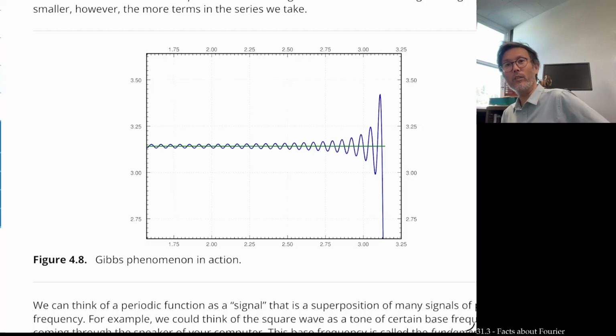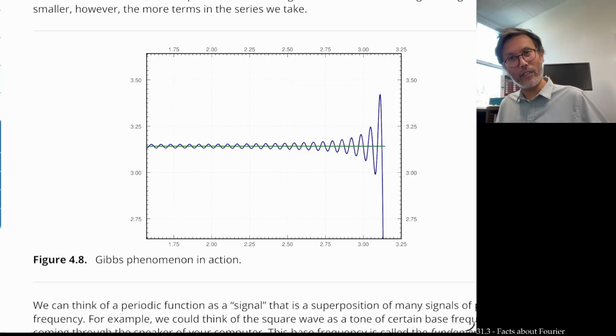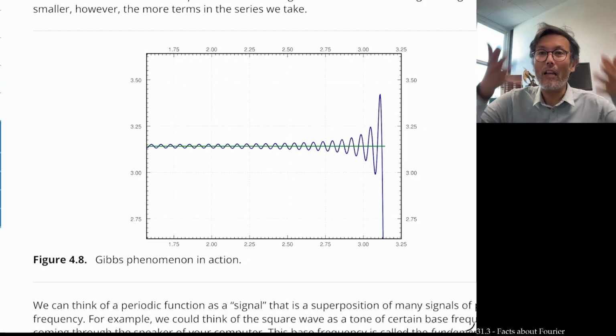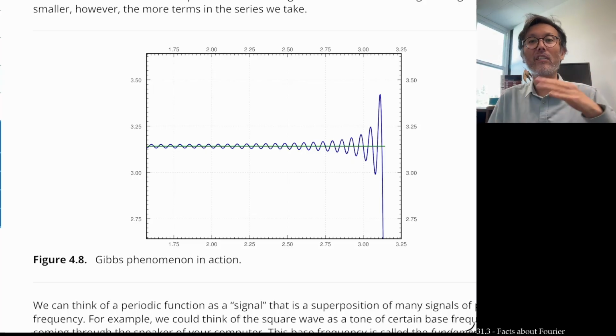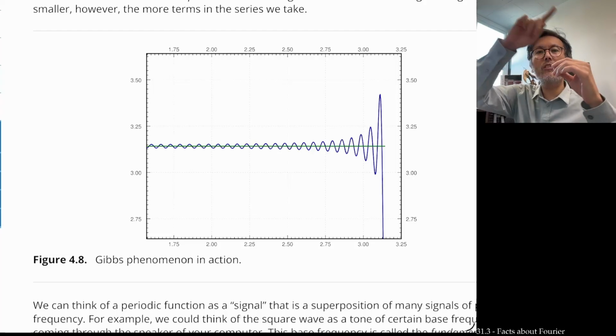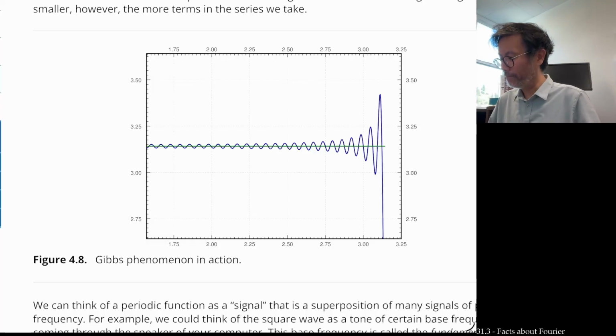As a very degenerate example, think about sine of t, a 2 pi periodic function. You want to know what its Fourier series is? It's sine of t. All the other coefficients will be 0, and you get perfect convergence right away with just that one term. Sine of t is a very smooth, beautiful function. In general, the smoother your function is, the faster the convergence of that infinite series will be to the true signal. This stuff matters quite a bit.